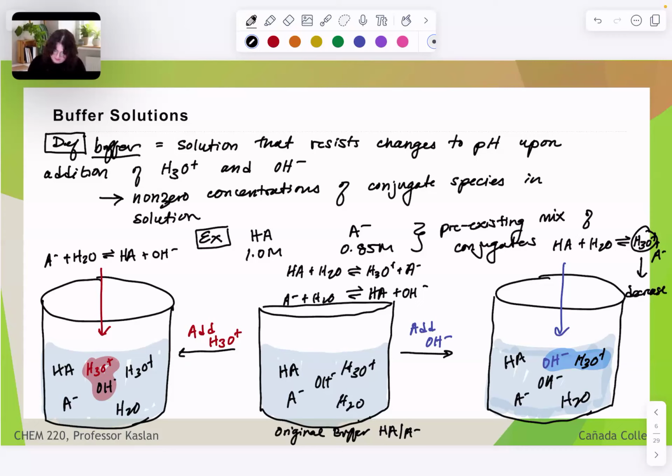So if I start decreasing the amount of hydroxide via neutralization, then my reaction is going to favor the production of HA product. And remember, HA is the thing that is responsible for putting H3O plus in solution.